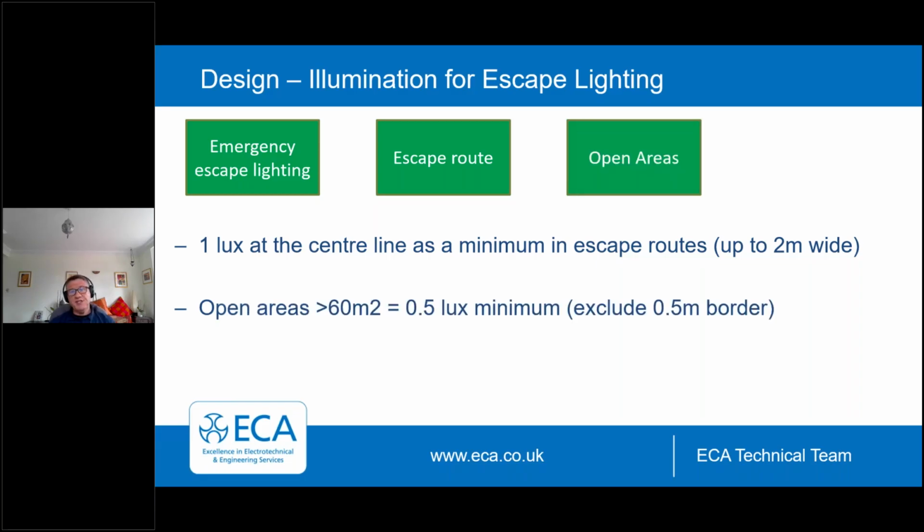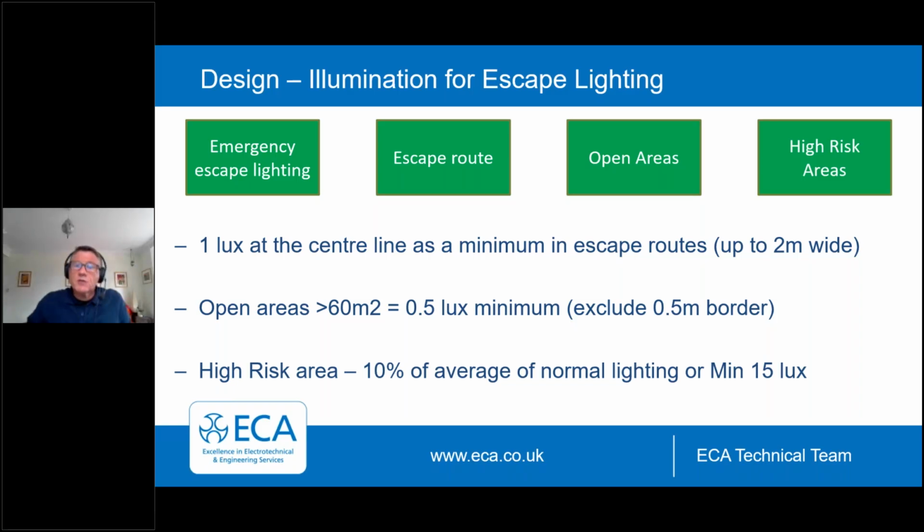Open areas, generally over 60 square meters, we only need to provide half a lux, and that excludes the border around the room generally. But for high risk, it's an elevated risk, so we need more lighting. The minimum is 15 lux or 10% of the average of normal lighting. But again, this just highlights the point: this can start to get quite complicated. We need somebody who's competent to understand these areas and the requirements.